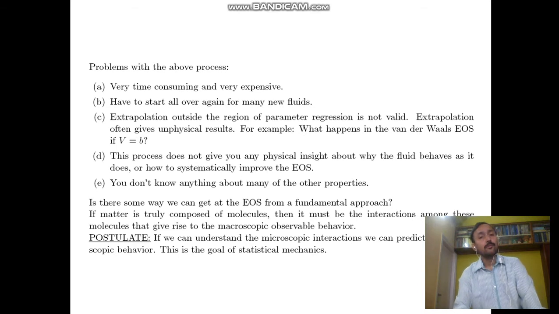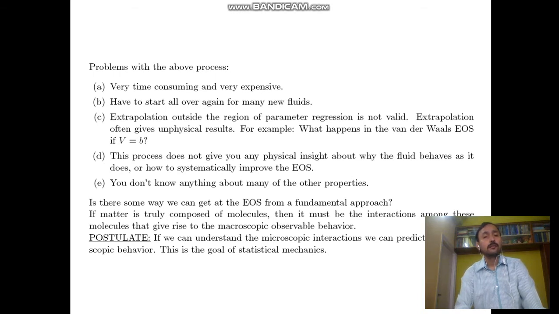Is there some way we can get the equation of state from a fundamental approach? If matter is truly composed of molecules, then it must be the interactions among these molecules that give rise to the macroscopic observable behavior.